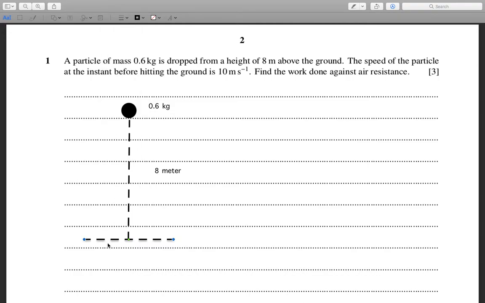The speed of the particle just before it hits the ground is 10 meters per second.